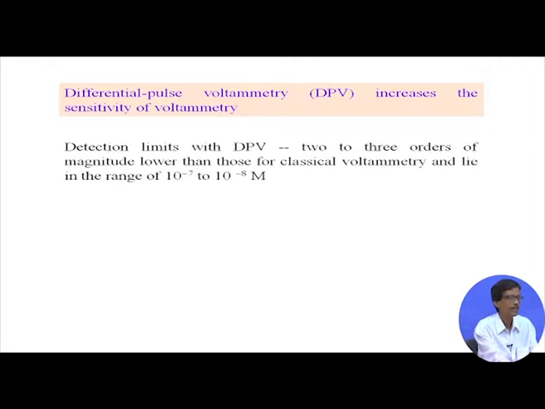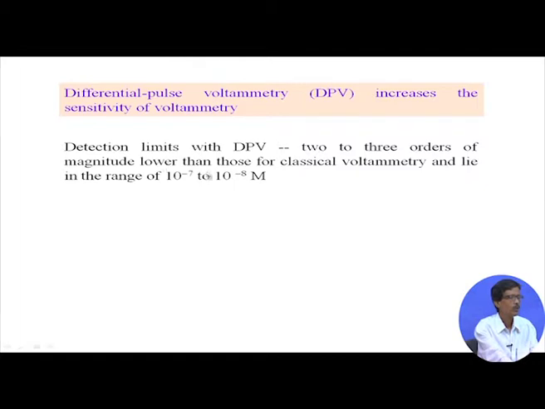It also increases the sensitivity of voltammetry. You have linear scan voltammetry, polarography, then cyclic voltammetry, but when it comes to DPV, it increases the sensitivity, because the current height is a little bigger than what we get for cyclic voltammetric measurements. And what about the detection? Since sensitivity is high, the detection limit is also very high, by 2 to 3 orders of magnitude.